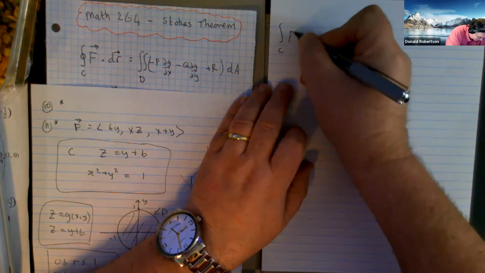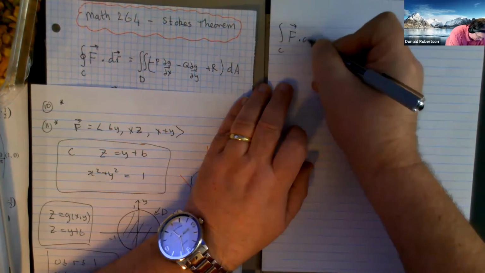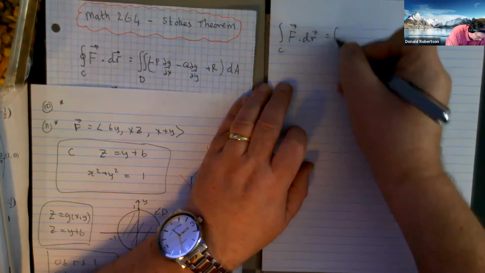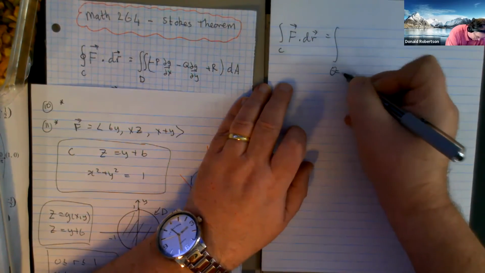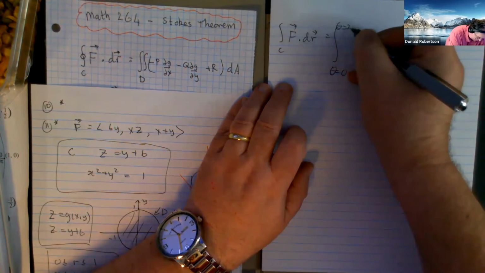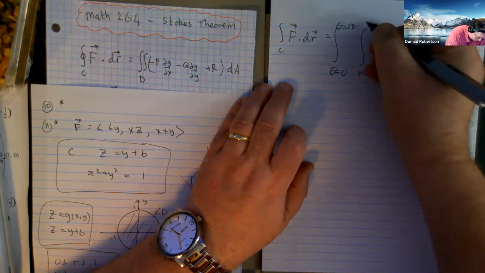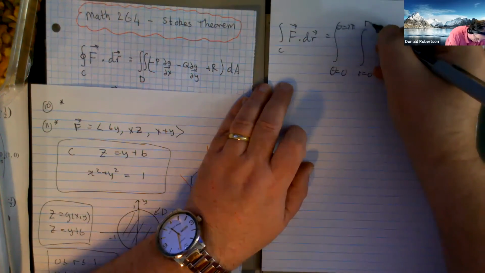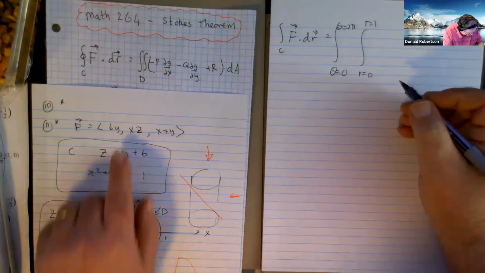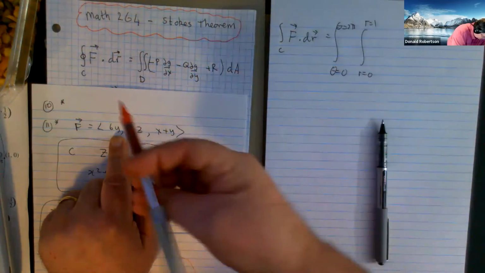So this guy will be the integral from theta equals 0 to 2 pi and r equals 0 to 1. And negative, I'd better put the letters in to keep track of everybody.